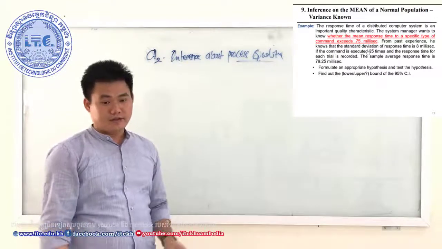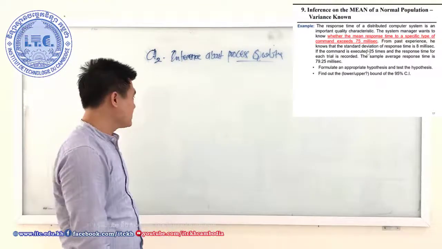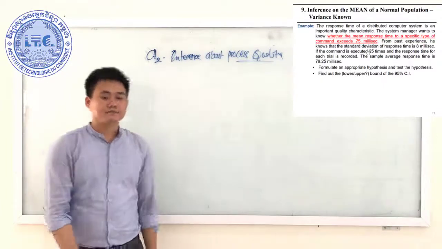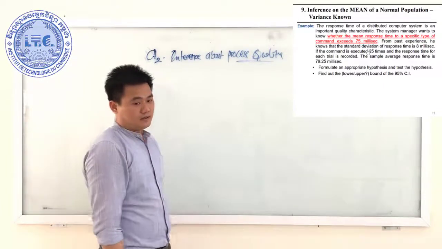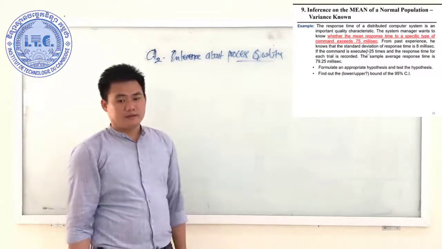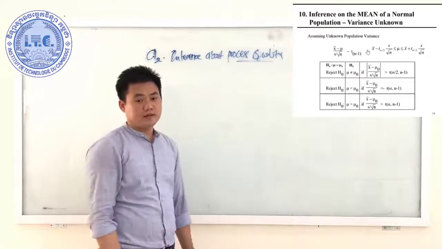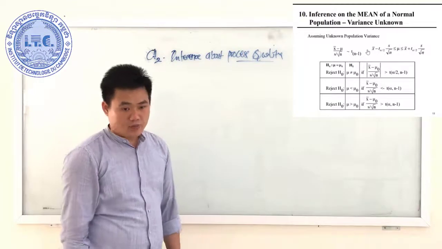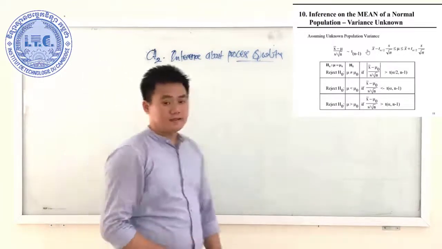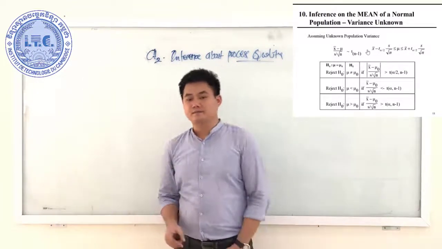You're going to find both the hypothesis test and the interval. You're going to check the test whether it rejects H0 or H1.